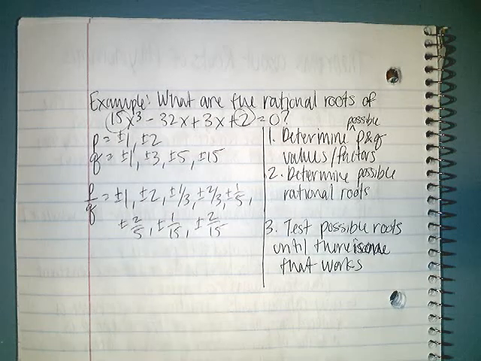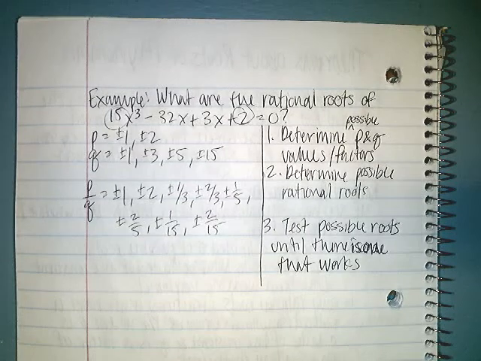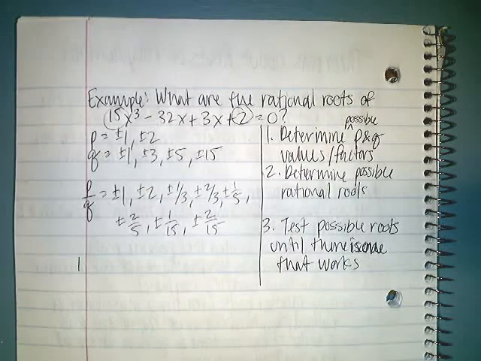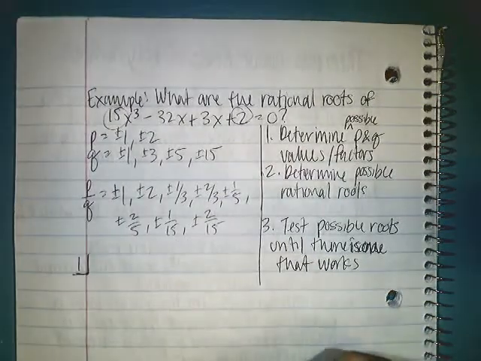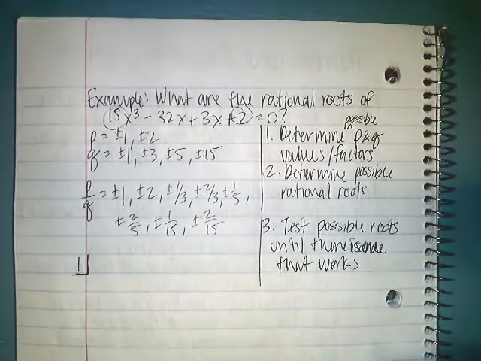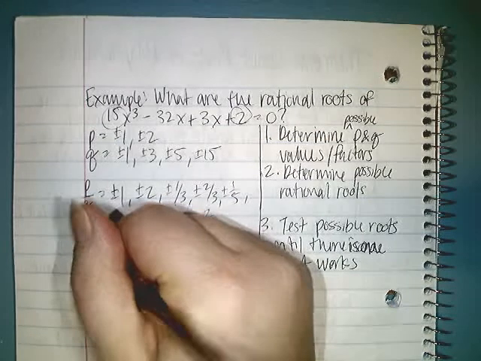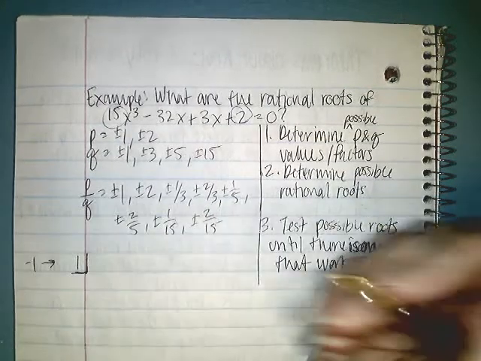Or you can use the other theorem that we learned about, the remainder theorem, which tells us that if we use synthetic division for this, if there's no remainder, then it is a factor. So let's try -1, which when I use synthetic division would be 1.